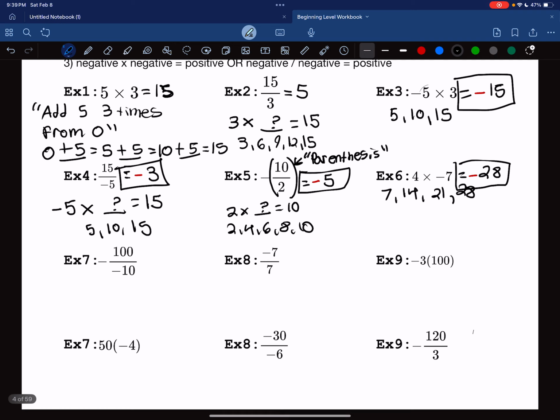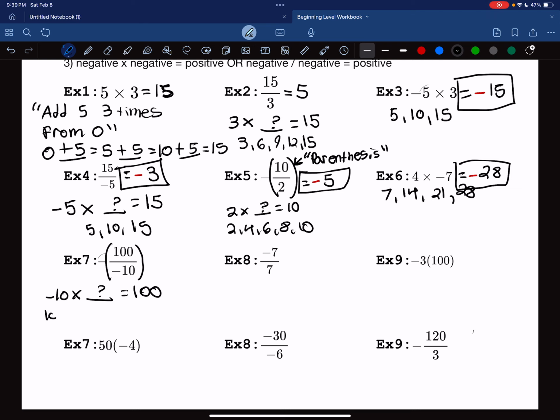Taking a look at example 7, remember we kind of have this negative number lingering outside. So let's just draw some parentheses around that. So this is asking us negative 10 times what number is going to get you 100. So let's count by 10 till we get to 100.